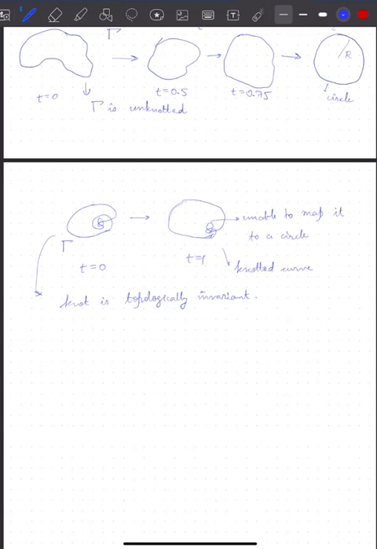Which means a knot is something which is topologically invariant.